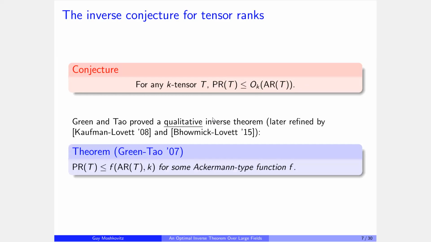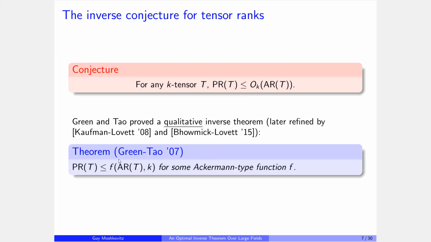Green and Tao were the first to prove that something like this is true. So they showed that the partition rank can be bounded by some function of the analytic rank. Okay, so an inverse theorem is true, but then the question is what's the best dependency?